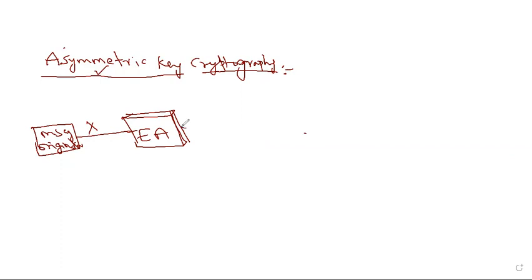In the first scenario, the sender can use the public key of the receiver. I'll show you who is the originator for that particular key generation and how that particular key is transmitted to the receiver. Now this is the decryption algorithm. This decryption algorithm is used by the receiver.